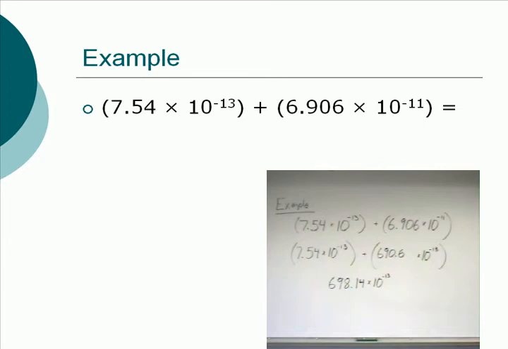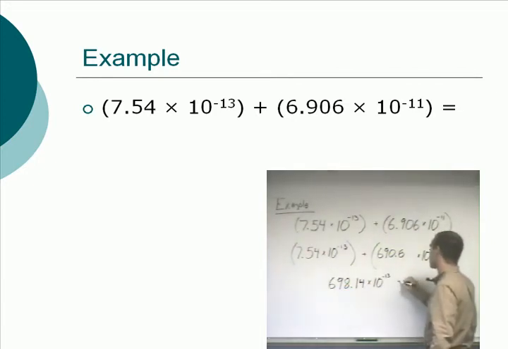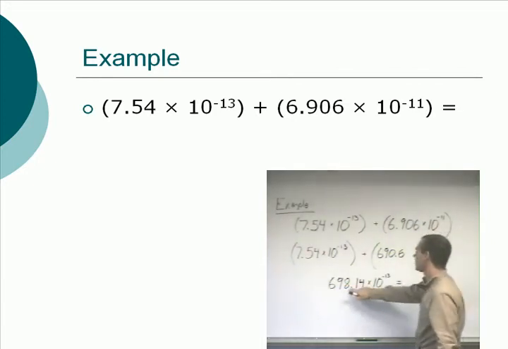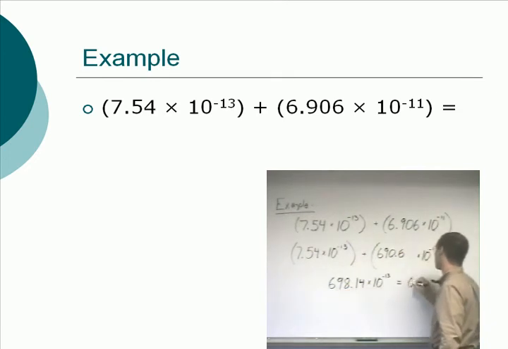Okay, we got our sum, but the problem is it's not in scientific notation, and so we have to modify this a little bit. We have to change this to our final answer. We need to get that down to 6.9814.